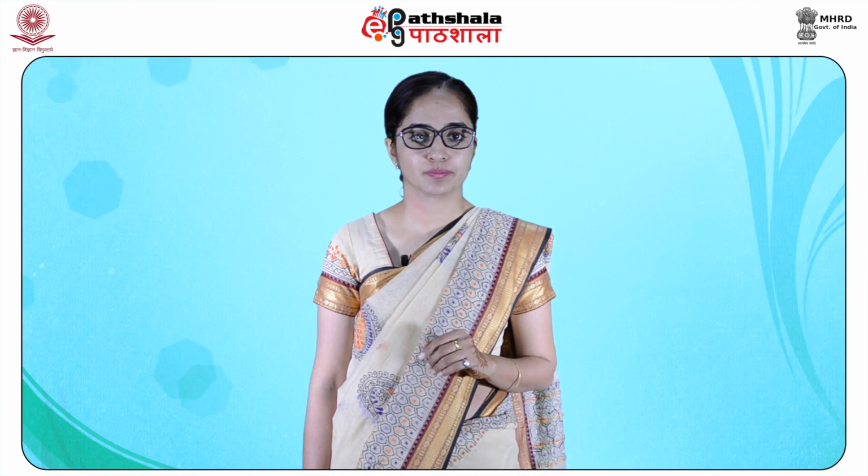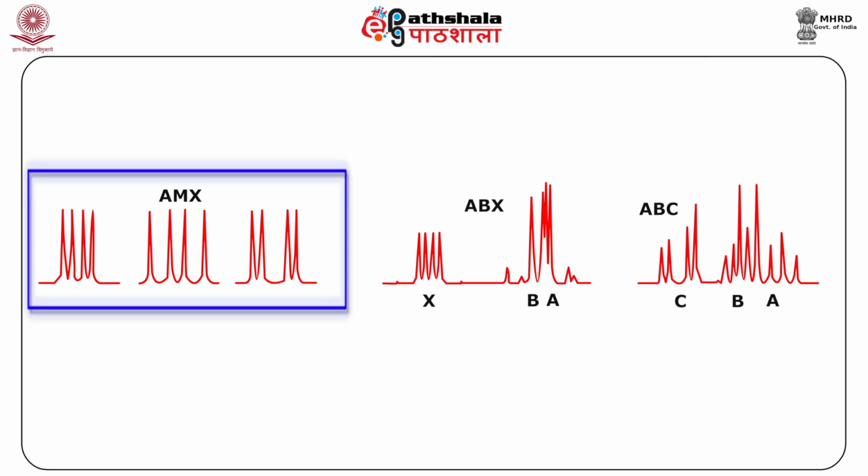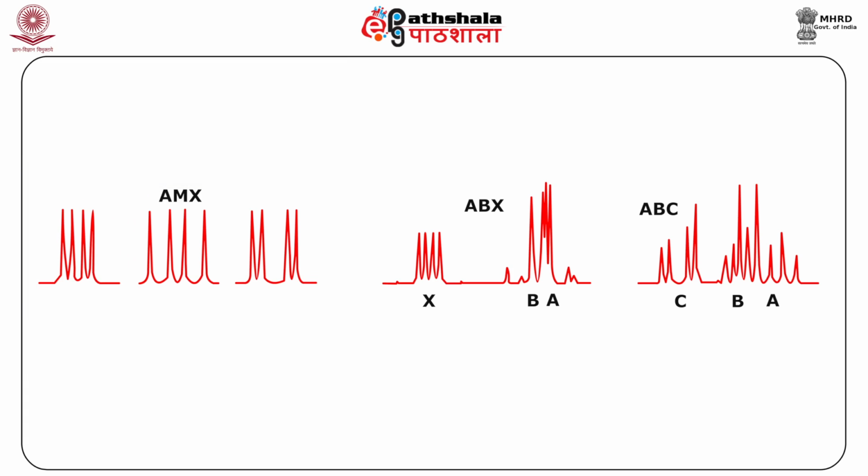2,6-dichloropyridine and pyrogallol, etc. Let us come to the study of AMX type of systems now. In the AMX system, students, 3 non-equivalent protons are present with a large value of delta nu by J ratio.